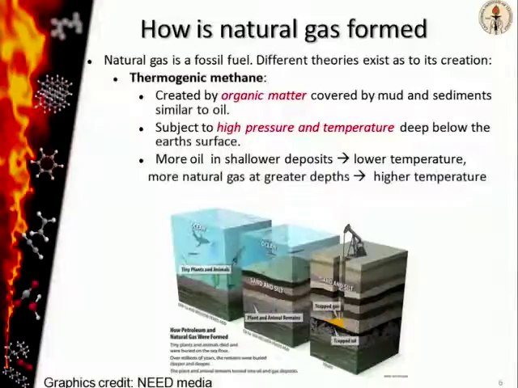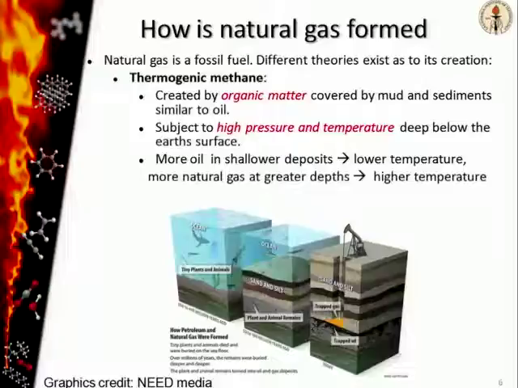It gets buried, covered by mud and sediments, and over millions of years, as it is subjected to high pressure and temperature below the Earth's surface, it results in the formation of petroleum as well as natural gas.